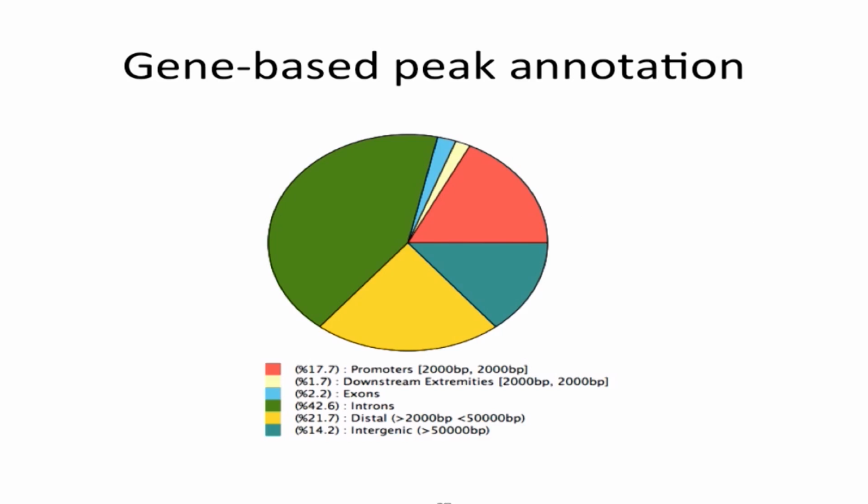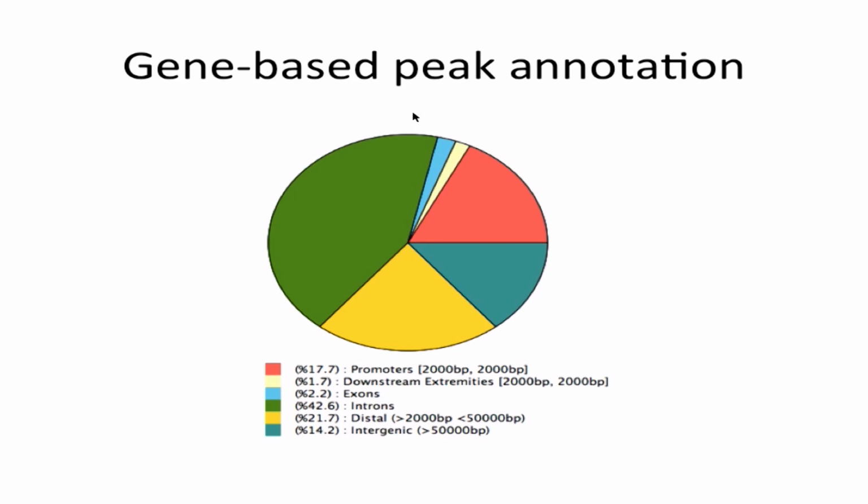One is looking at where they fall in the genome with respect to genes. This is just for one experiment, giving you an idea of the distribution of peaks across multiple regions related to genes. You have promoters, defined as a 4 kb window centered on the transcription start site.